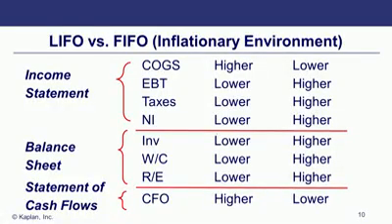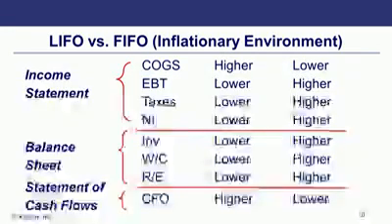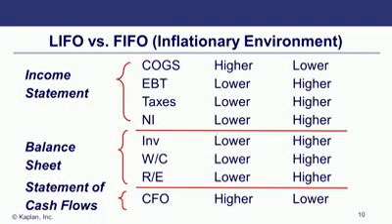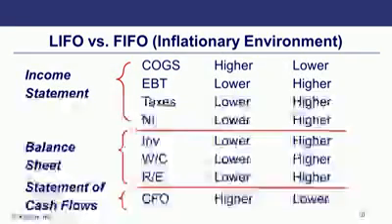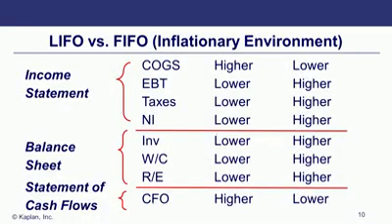Okay, let's have a look at an inflationary environment once more and the impact on those financial statements. In the income statement, let's look at our cost of goods sold, our EBIT, our taxes, and our net income. So, higher versus lower. Now, of course, we haven't told you which column here is LIFO and which column is FIFO.